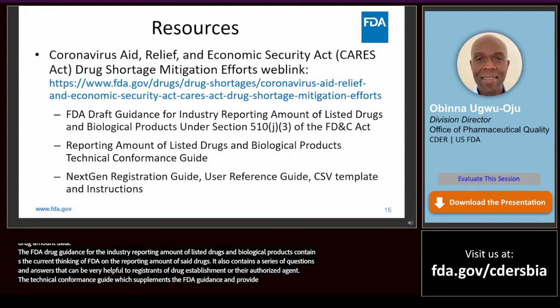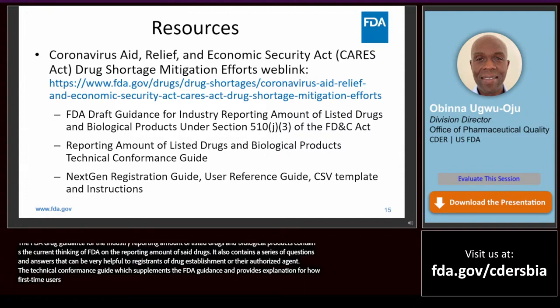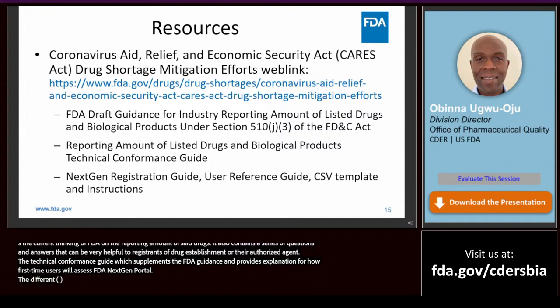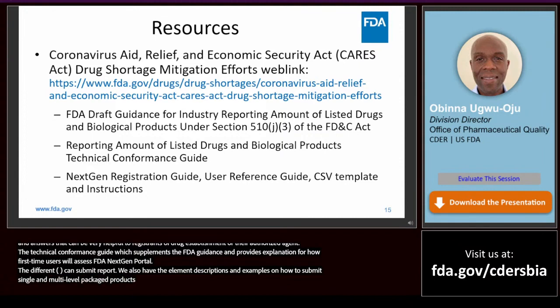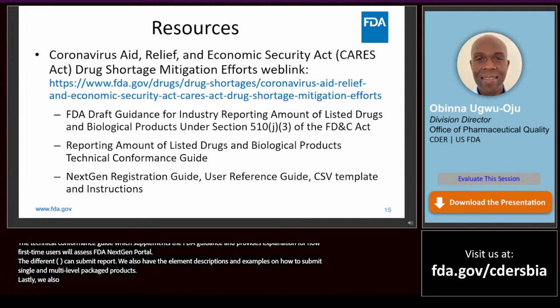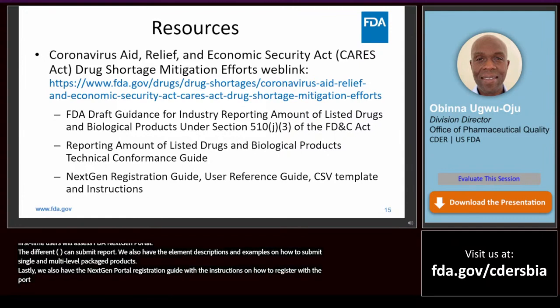users will access the FDA NextGen portal, and the different methods on how registrants of drug establishments or their agents can submit reports. We also have data element descriptions and examples on how to submit single and multi-level package products. Lastly, we also have the NextGen portal registration guide with instructions on how to register with the portal, and a reference user guide with step-by-step process on how to use the portal to submit reports.